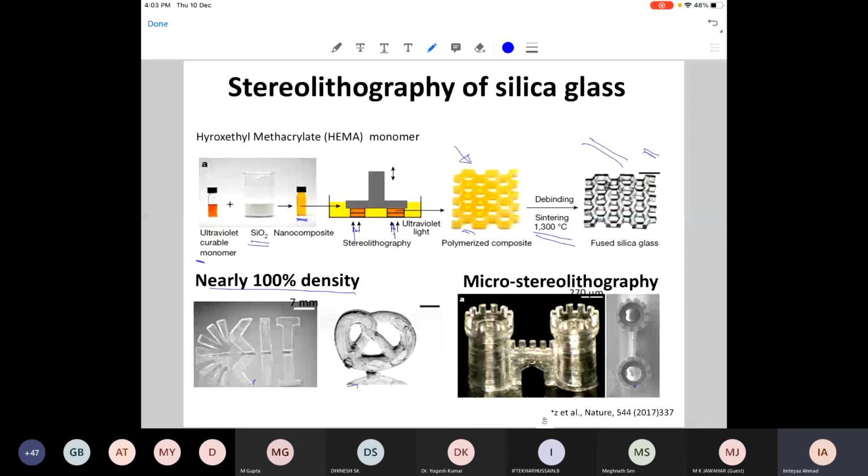It's nothing but an extension of extrusion. So what we do is, in extrusion, we have a cylinder and a piston here and a nozzle. The ceramic slurry is kept inside, and you apply the pressure. It extrudes through the nozzle. Generally, long bar kind of products can be produced, or wire kind of products.